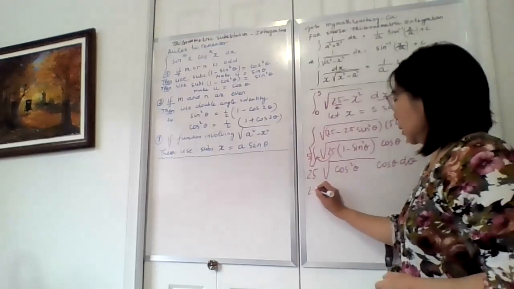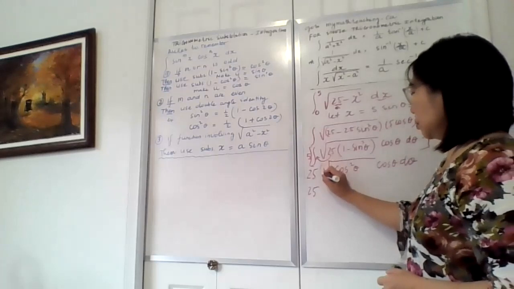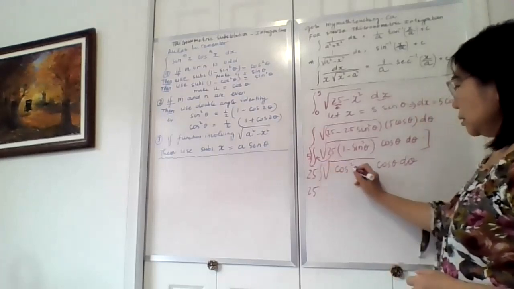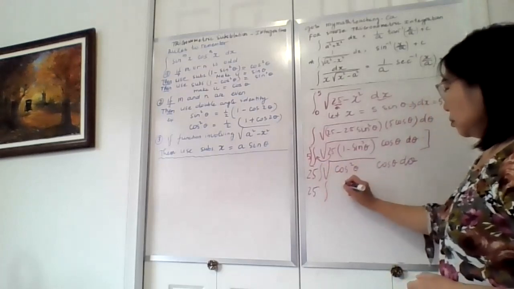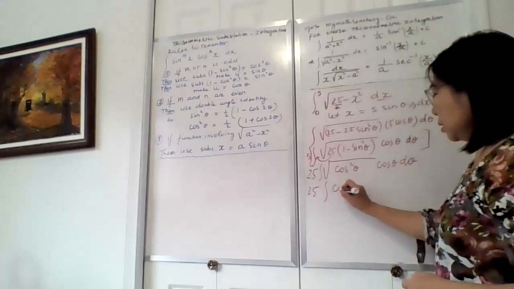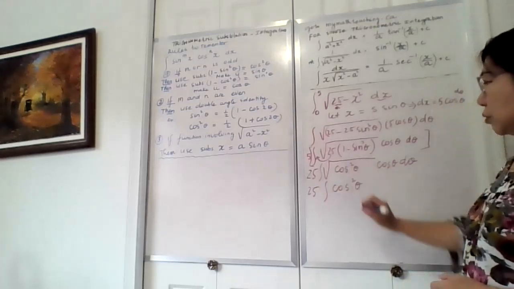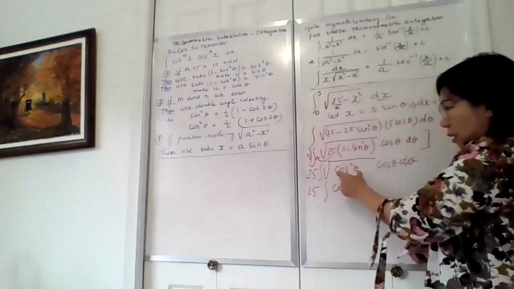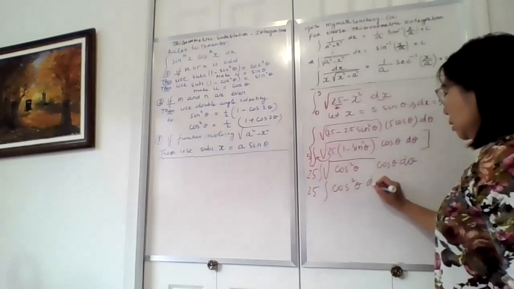The square root of cos squared theta becomes cos theta, times the other cos theta becomes cos squared theta, d theta.